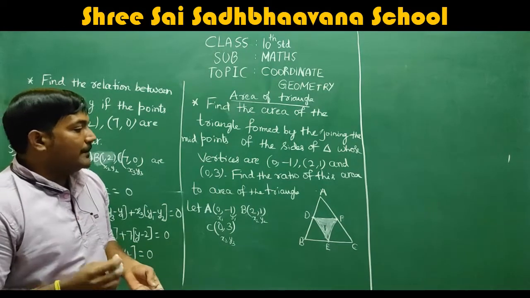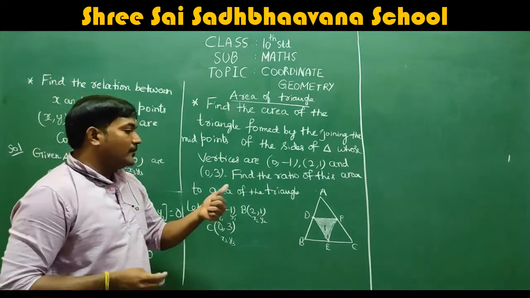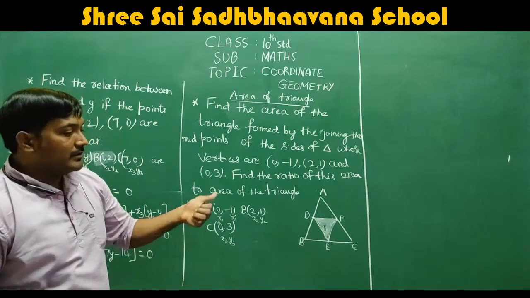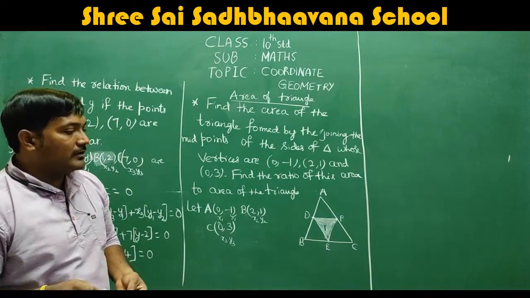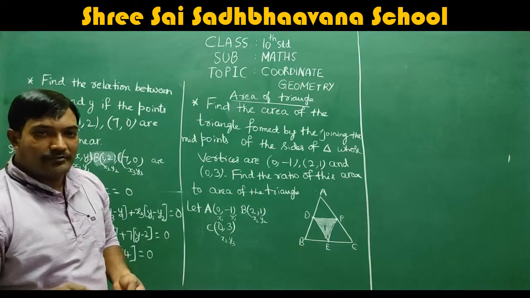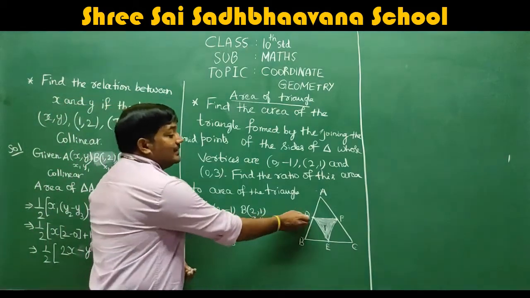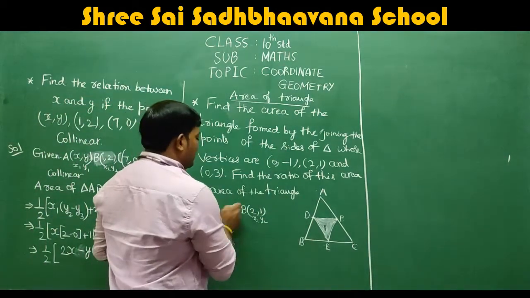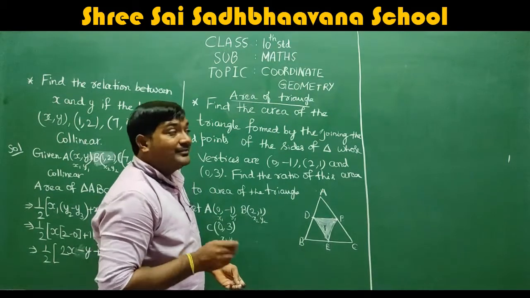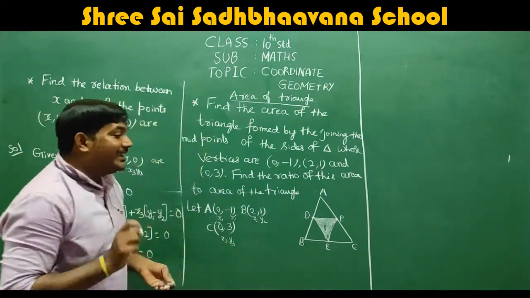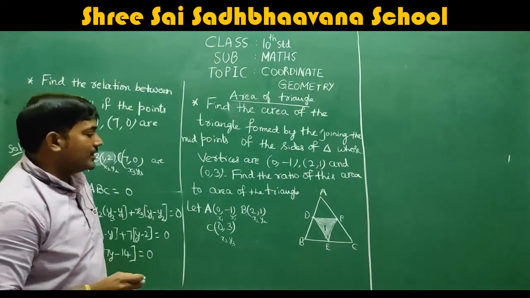So yeah. Now one question: how to find D? We know how to find the area of a triangle, that is fine. But what is the vertex D? They didn't give D, they gave ABC. How to find D? They told clearly that D is the midpoint of AB. Correct?